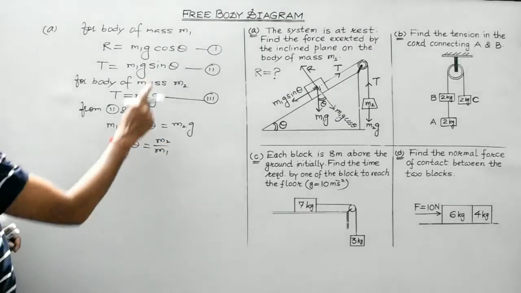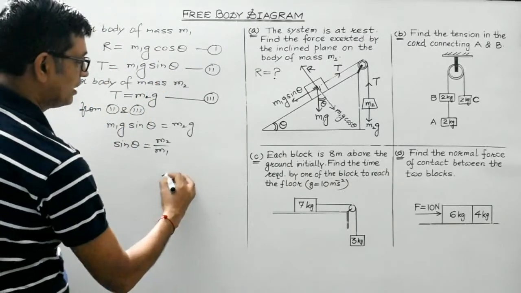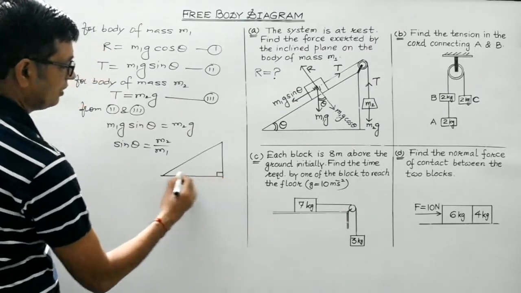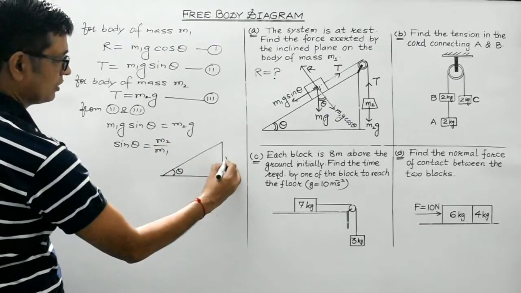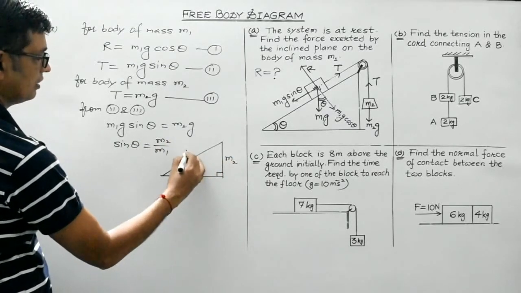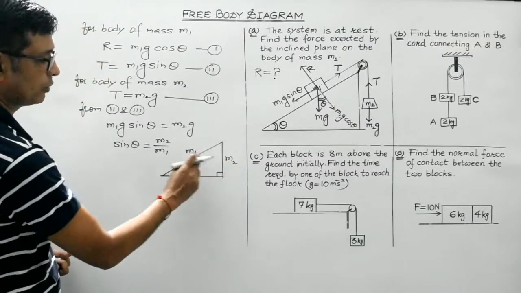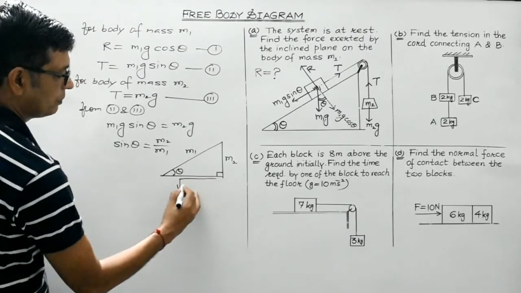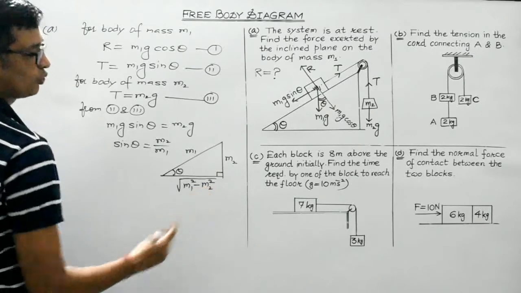So from sin theta we have to obtain the value of cos theta. That can be done by considering this triangle. It's a right angle triangle. Suppose this is theta. Sine is perpendicular by hypotenuse. Isn't it, students? So using Pythagoras theorem, the base would be given by the square root of m1 square minus m2 square.